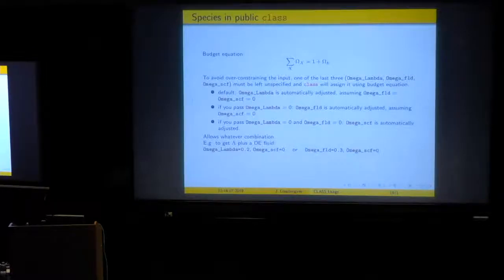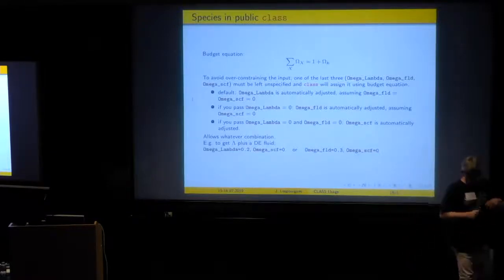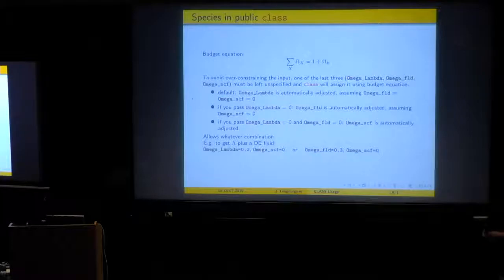So to do that, you want to let the code fix one of the omegas. So one has to be unspecified. So we decided that what the code will fix would be the quantity related to dark energy. But sometimes you want to parameterize dark energy as a lambda or as a fluid or a scalar field.